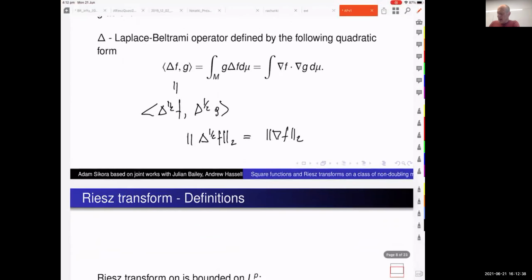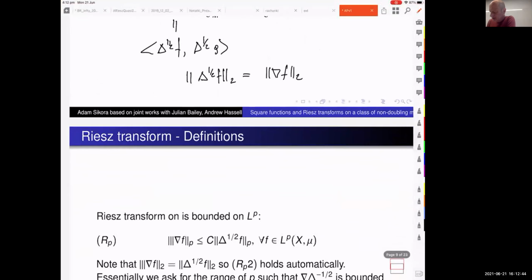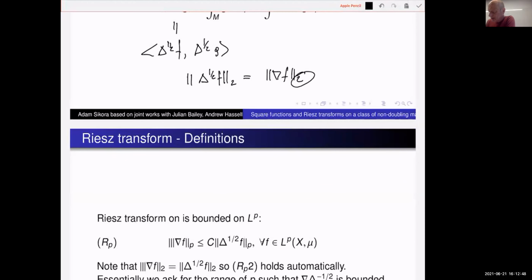And now the basic question of the Riesz transform is: can you replace 2 by an arbitrary p between 1 and infinity?